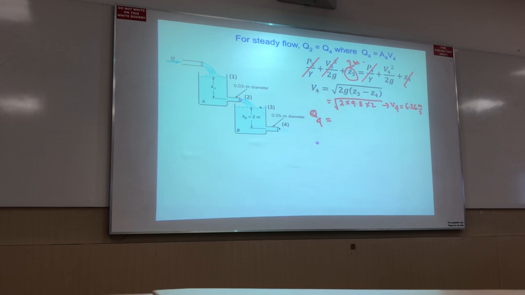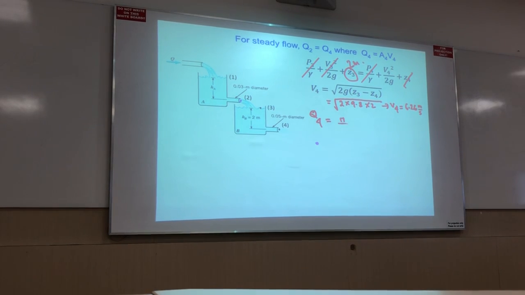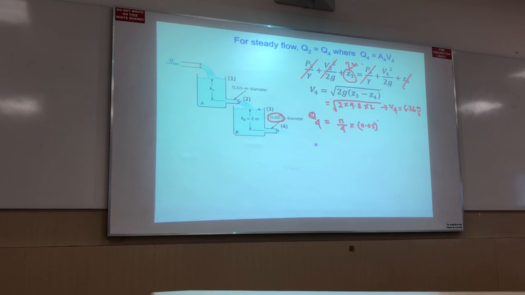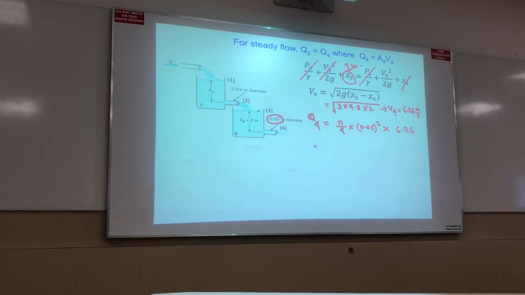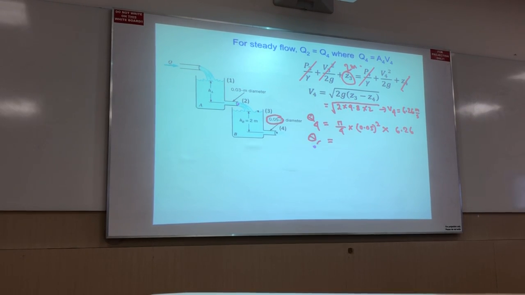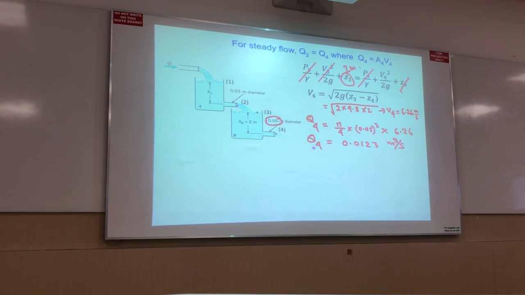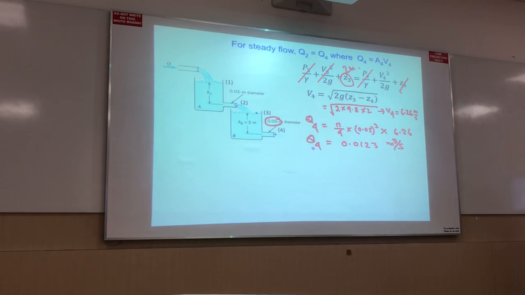Q4 is A4 times velocity, pi by 4 times D4, 0.05 squared, times 6.26. Then I can find Q4 is equivalent to 0.0123 meter cube per second.